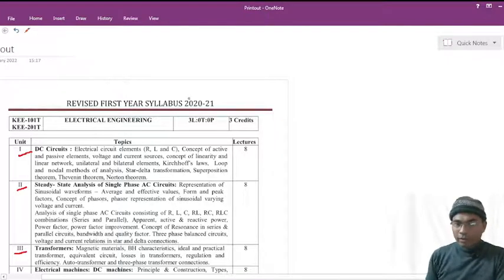As I have told you, the first unit deals with the DC analysis. Unit 1 actually deals with the DC circuit analysis.